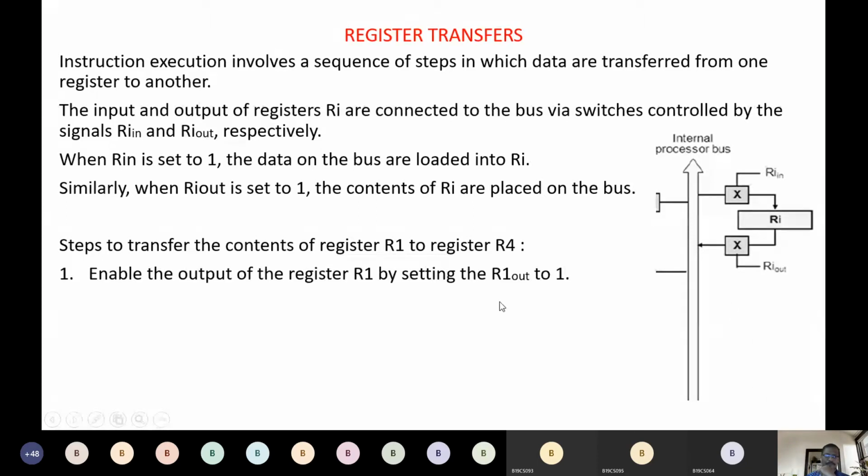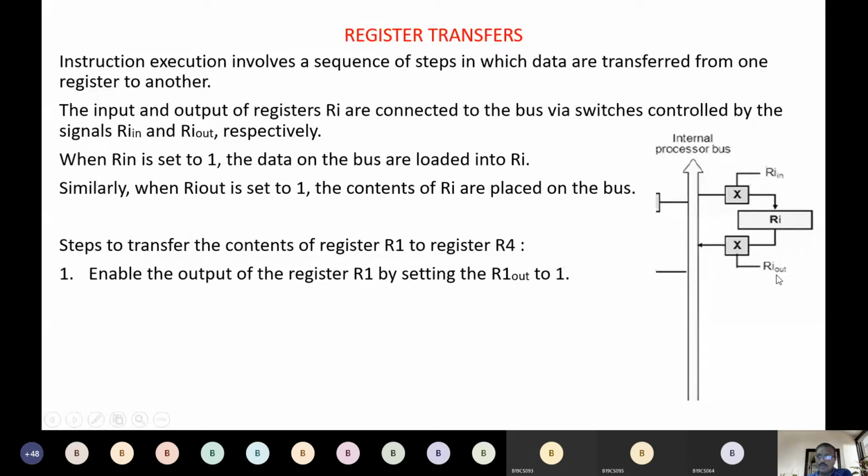Okay, right. First, to send R1 to R4, its output needs to be enabled, set to 1, so that data from R1 can be transferred to R4. What is the signal? R1 out.